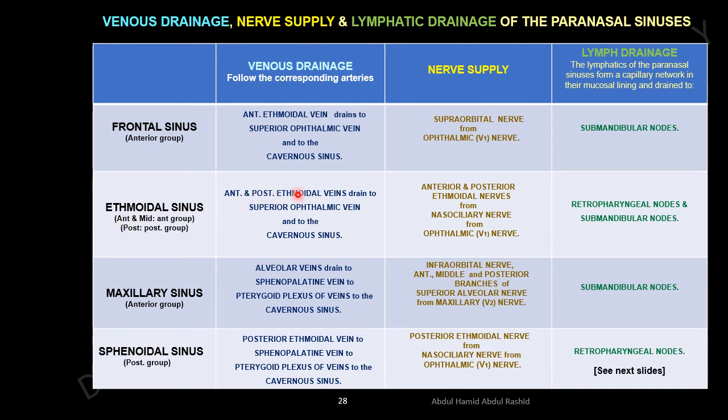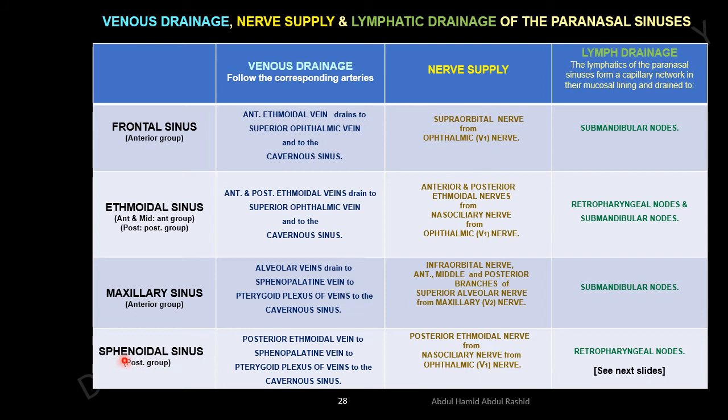Anterior and posterior ethmoidal veins drain to the superior ophthalmic vein and then finally to the cavernous sinus. Next is the maxillary sinus. It is drained by alveolar veins which drain to sphenopalatine veins and then to the pterygoid plexus of veins and finally to the cavernous sinus.